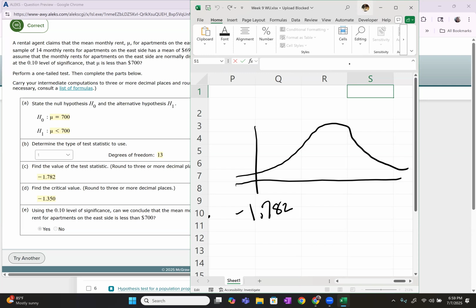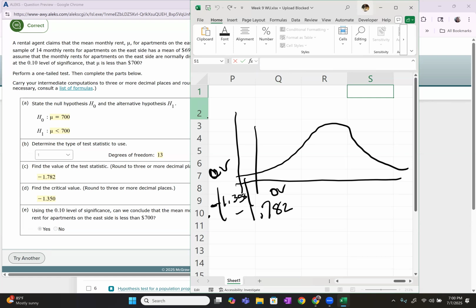The negative 1.350 is going to fall somewhere here. Now, naturally, you would think this would be bigger than this. But if you think of this as absolute value, this is the CV, and this is the OV.